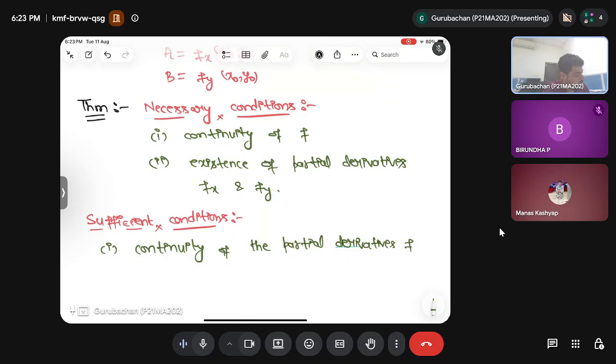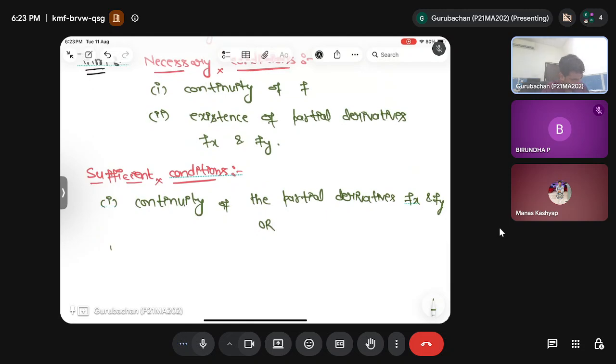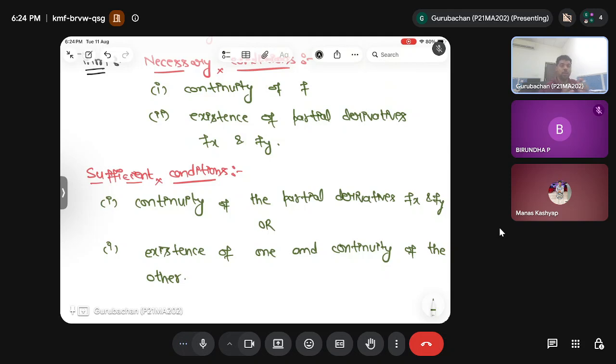This is the general one, and the weaker one, which I'm writing first, is that we need only one of them: existence of one partial derivative and continuity of the other. That means one should exist, and the other should exist and also be continuous. So this is your necessary and sufficient condition in the case of two variables.